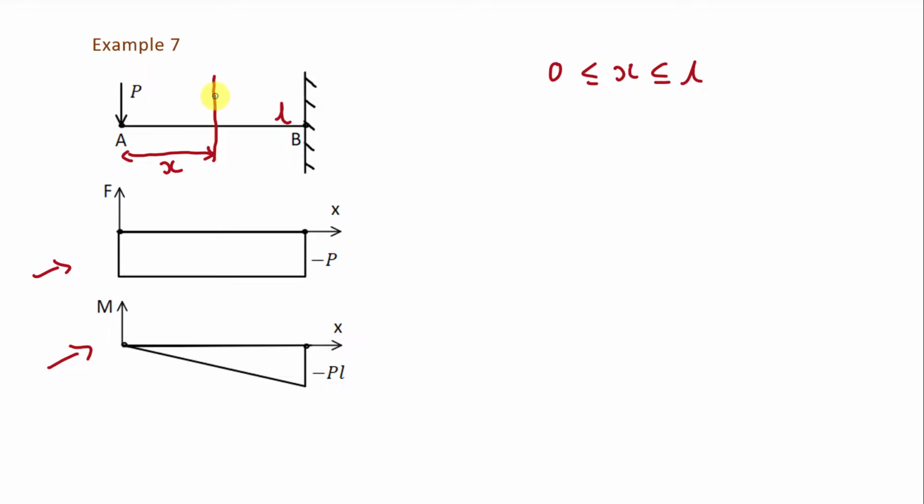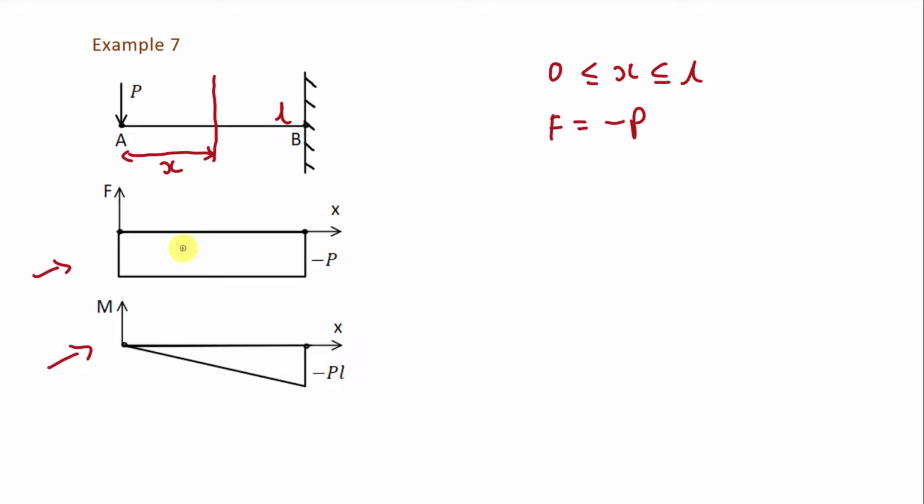Here there is only one transverse load on the left side of this section, that is P. So our shear force F will be equal to P. This P load is in downward direction at the left hand side of this section, so it will be negative. So in the range of 0 to L, the value of shear force will be negative P.